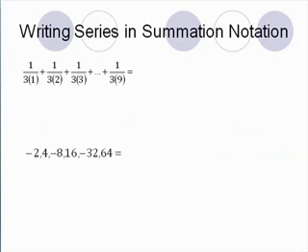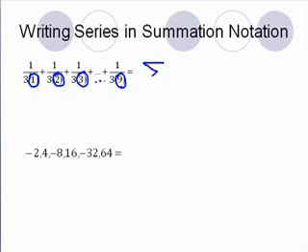So let's practice writing some series in summation notation. If we look here, we've got 1 over 3 times 1 plus 1 over 3 times 2, 1 over 3 times 3, and it keeps going, and then our last term here we have 1 over 3 times 9. So we've got 1, 2, 3, and then it's going to be all the way up to 9. This number is going to be your index.